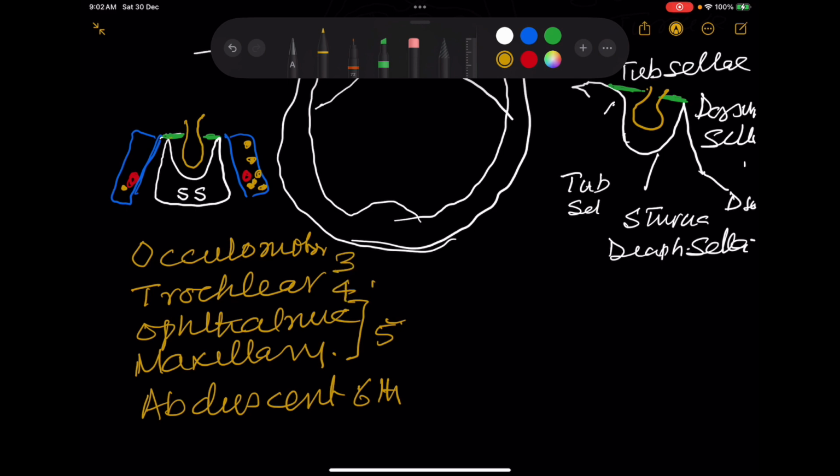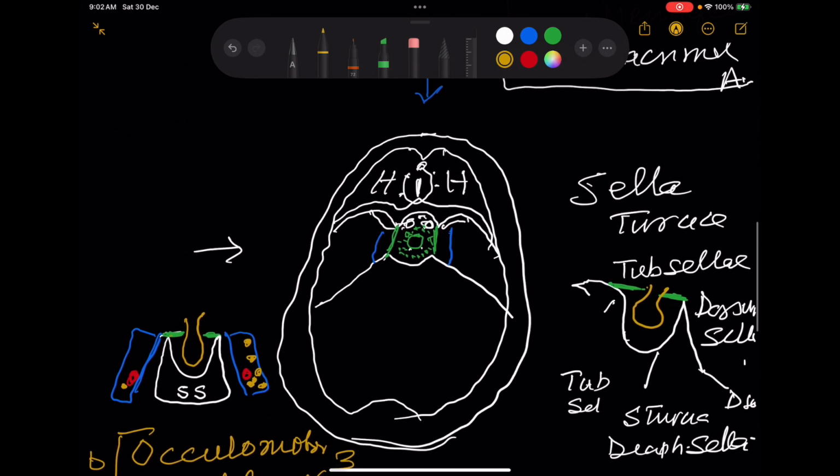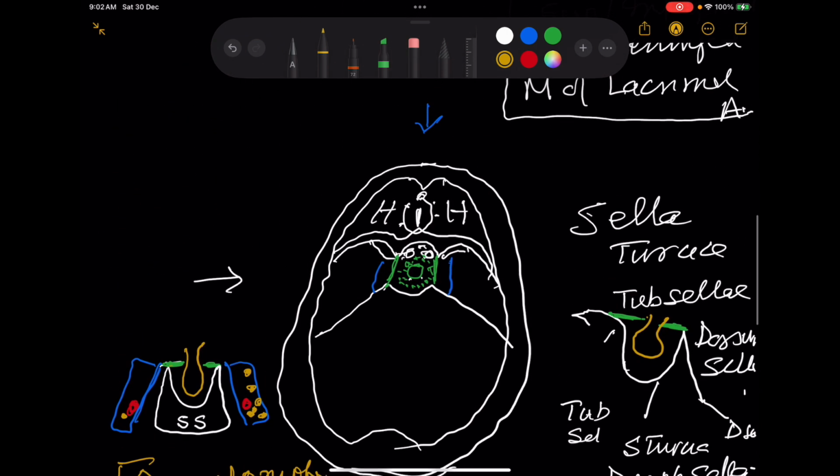So O-TOM, internal carotid artery, and sixth nerve. These are the structures that lie in the cavernous sinus.